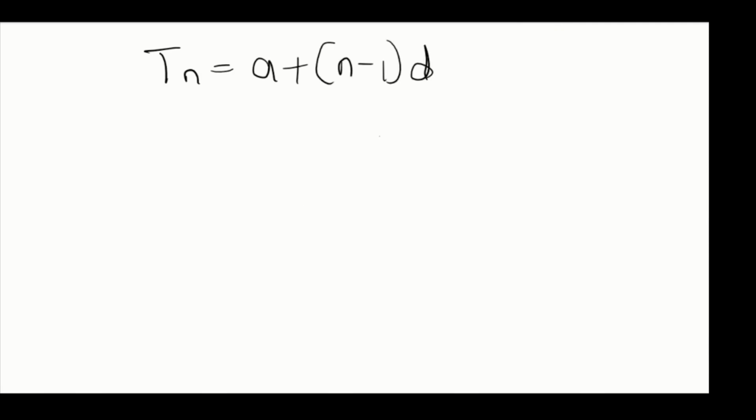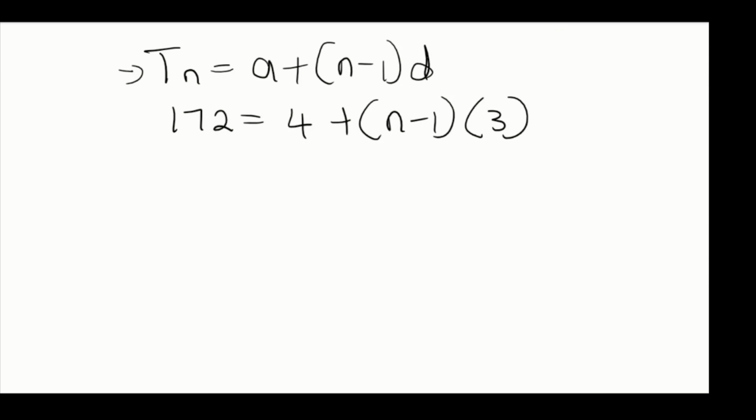We are given Tn, the last term, which is 172, and the first term is 4, plus (n - 1), and our difference is 3. Then we transpose the 4 to the other side. We have 172 = 3 multiplied by every value inside, so 3n minus 3.